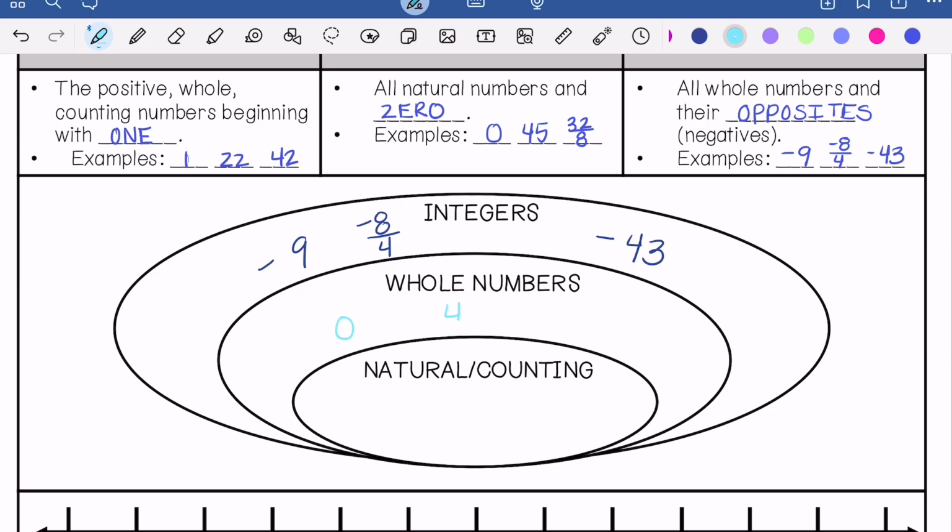Whole numbers are also considered integers, but their most specific category or description is a whole number. And then natural numbers, I'm going to put in here. So these are also whole numbers, also integers, but their most specific description or specific term is natural counting numbers.